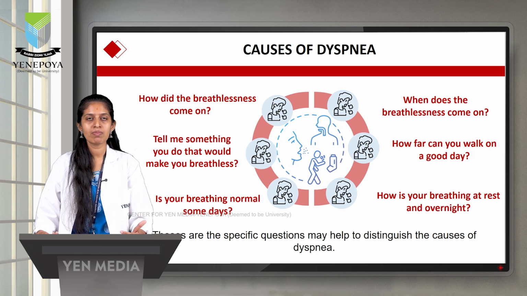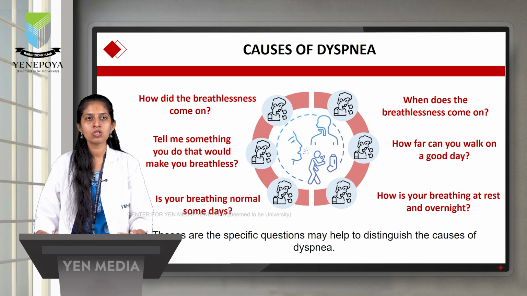This question will be answerable by the MMRC scale, which we have already discussed in the previous slide, which will help us understand the level of severity and quantify the dyspnea. These two questions will help in understanding it better.